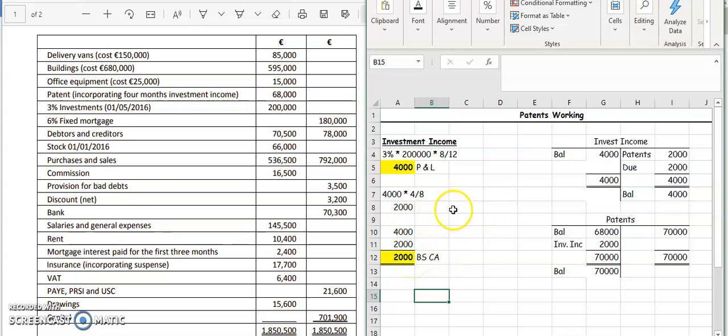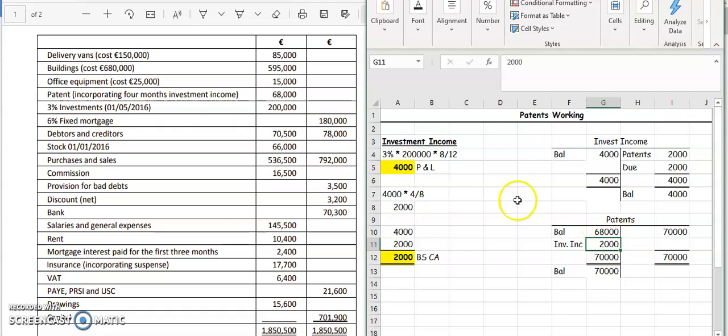Remember, investment income is an income, so it goes on the credit side in our account, and your patents are an asset. So we have received 2,000, so we're going to credit your investment income with 2,000 for your patents. Now the double entry of that will be credit your investment income, debit your patents account.